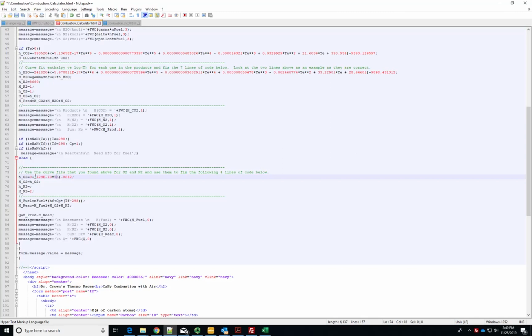And of course, you'll change that to whatever those appropriate values are, maybe minus some number, and so on. T to the 5th. It'll look something like that. Sixth order polynomial.